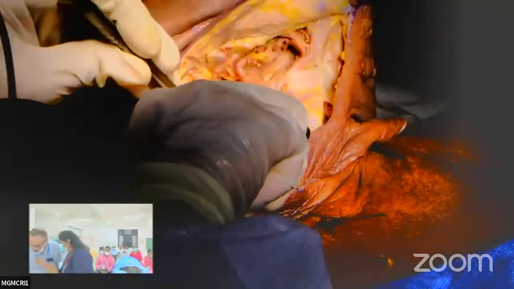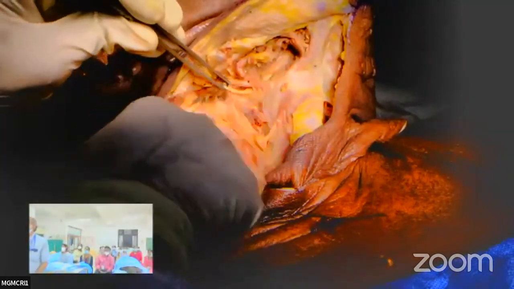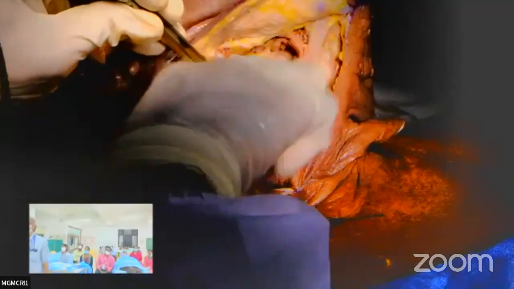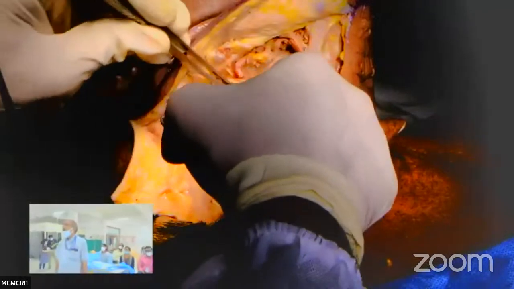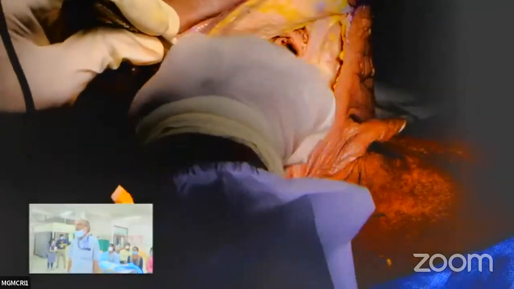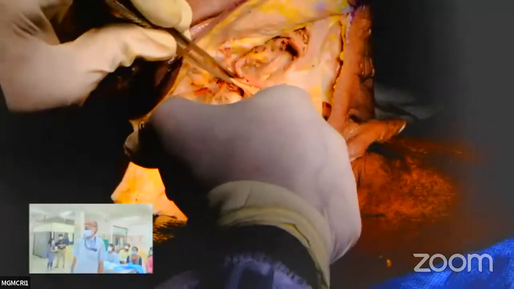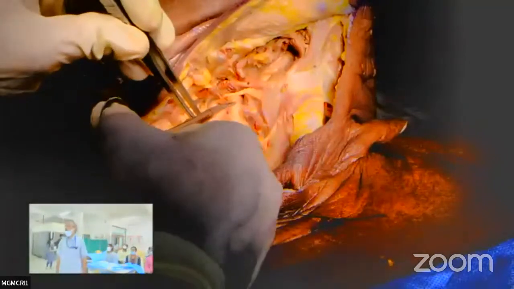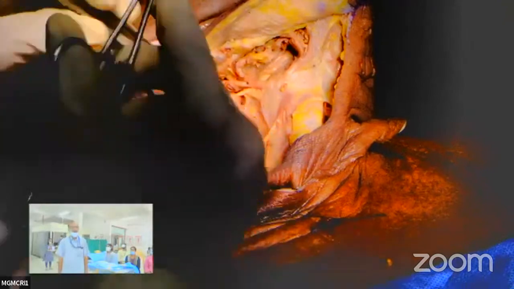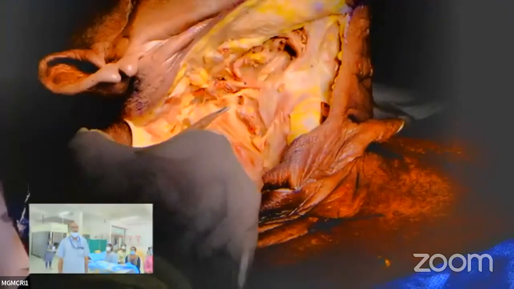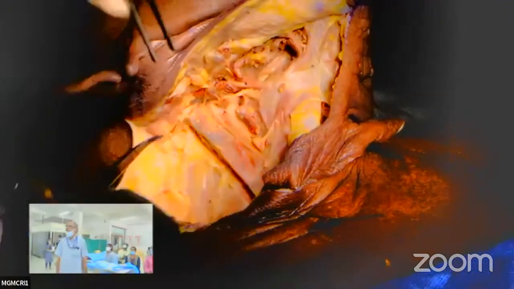This is your common carotid, which becomes the internal carotid artery and the external carotid artery. This is your external carotid artery, and these are its branches. This is your carotid bulb. If you stimulate in this area, then you will have bradycardia. So the carotid sinus is present somewhere around the carotid bulb.